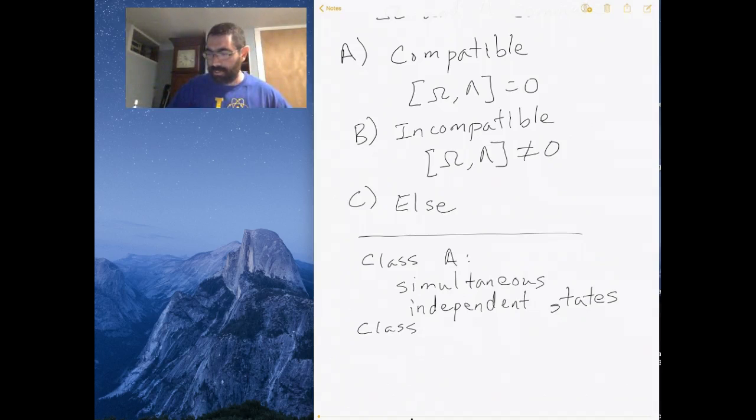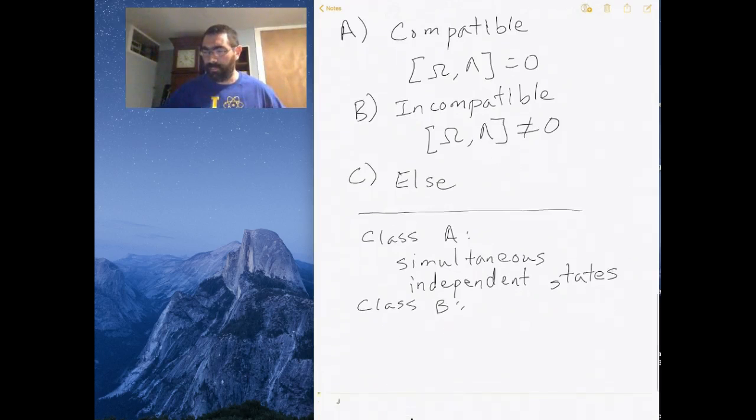Class B is where the commutator is not equal to 0. In that case, we have a state that cannot be defined independent of those two operators.